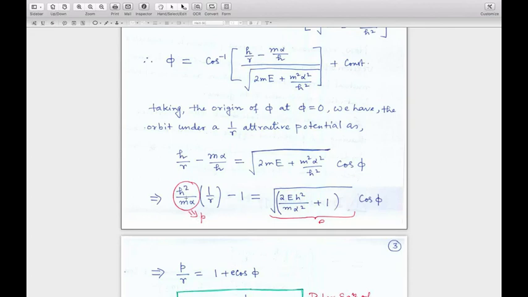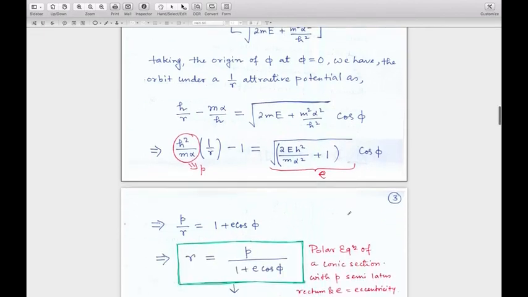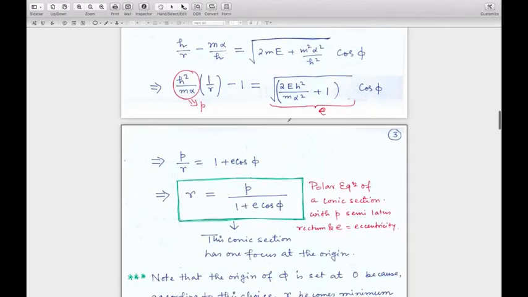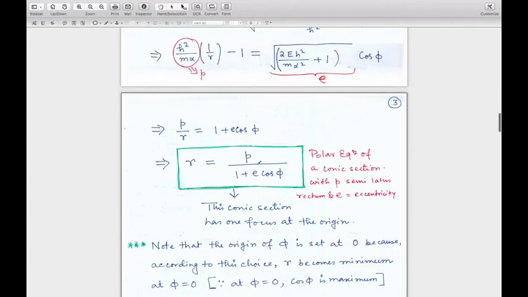If we define this one as p, small p, and this one as small e, then finally the total equation becomes p by r equals 1 plus e cos phi, that is, r equals p by 1 plus e cos phi.